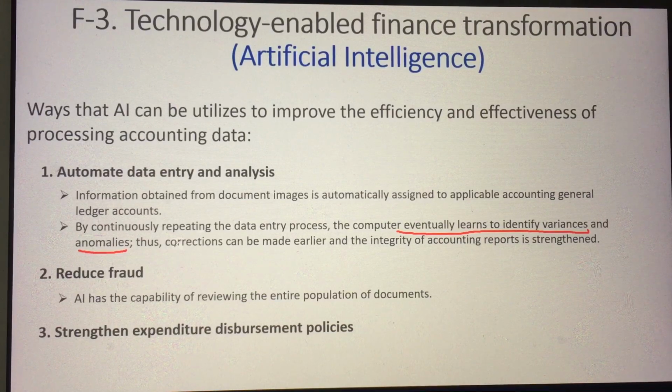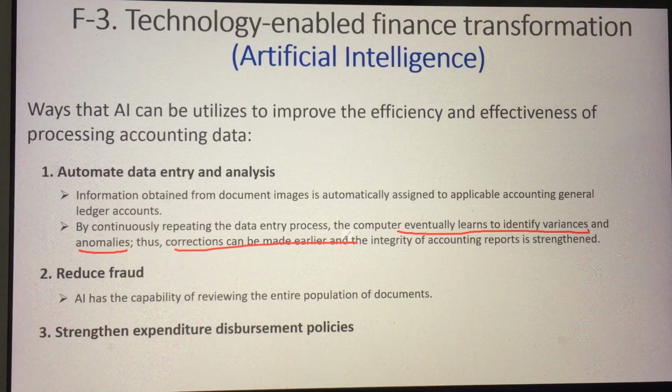It is learning to identify variances and anomalies. Okay? Thus, corrections can be made early because, guys, artificial intelligence can go back to records in seconds. Okay? Compared to humans. Pag nagkamali yung human beings, it will take hours, even days, for them to go back and find that error. AI can do that in seconds. Okay?